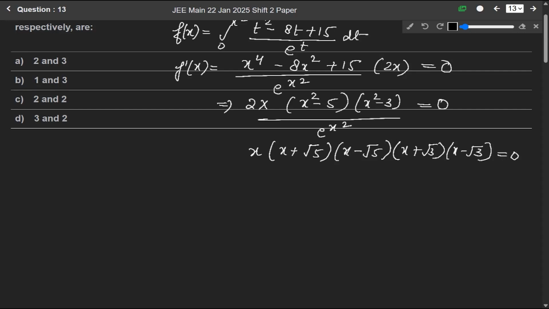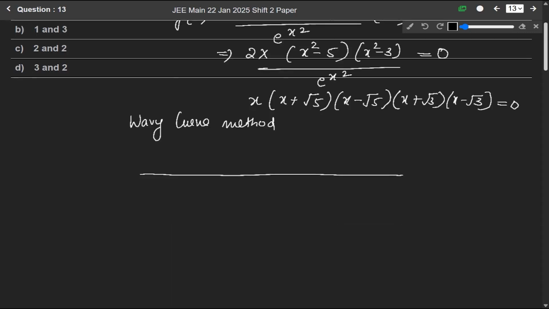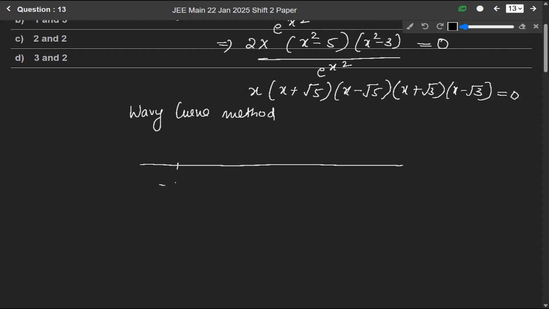Okay. Now, if we use wavy curve method, then it will be minus root 5, minus root 3, 0, root 3 and root 5. This will be minus plus minus plus minus plus.